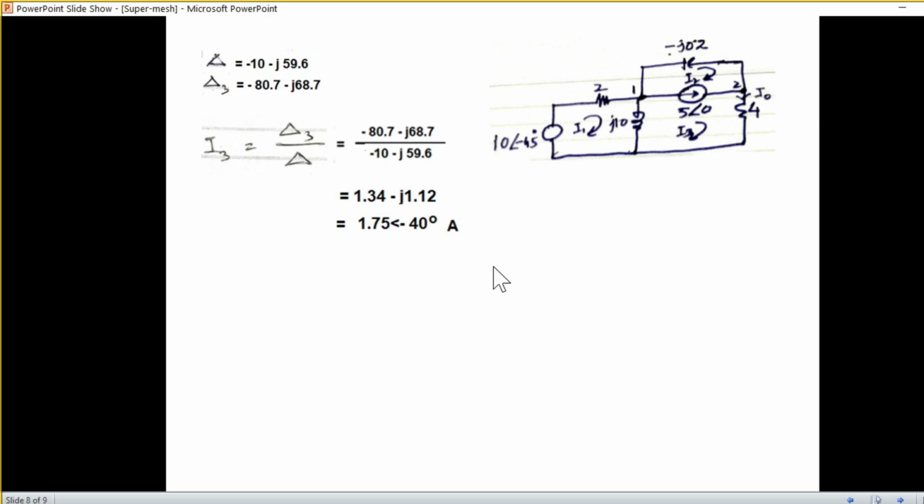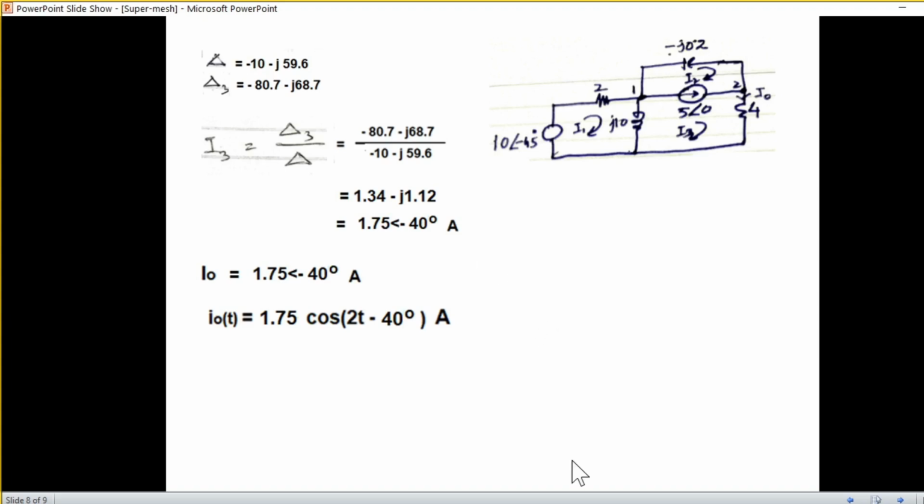So this is our answer. I3 and I0 are the same, so this is the same value. We can now write the answer in the time domain: the magnitude times cosine of 2t minus this angle.